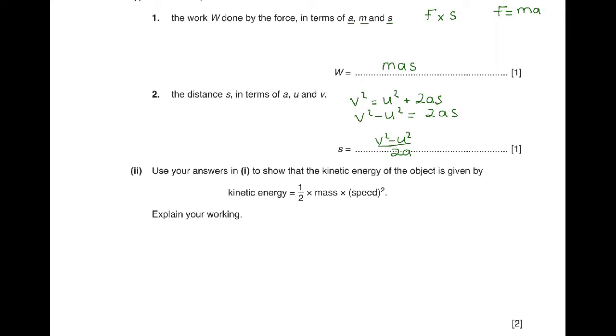As a force does work on an object, it's accelerating it, it's giving it kinetic energy, and the work done and the kinetic energy gained will be equal. So we're going to make our kinetic energy equal to W, which is equal to mas. And then we're going to substitute in for that s, the expression that we got below here.